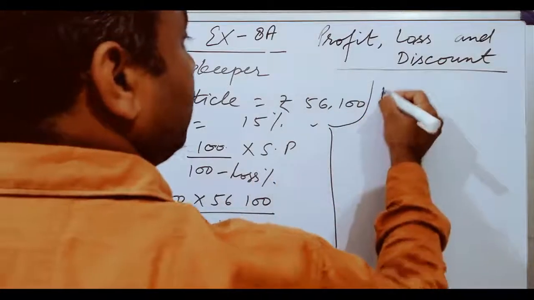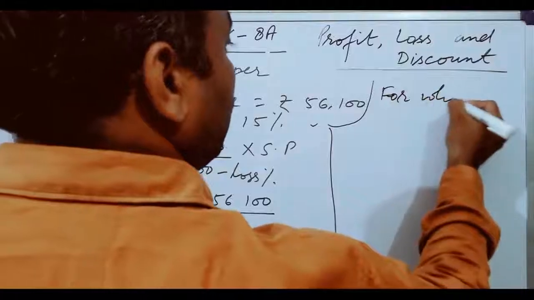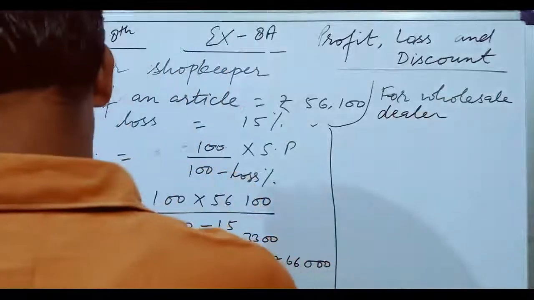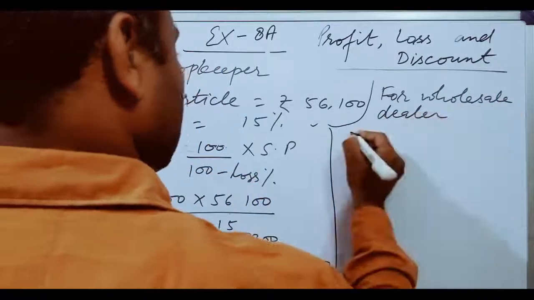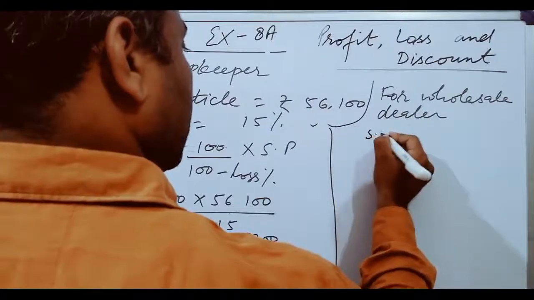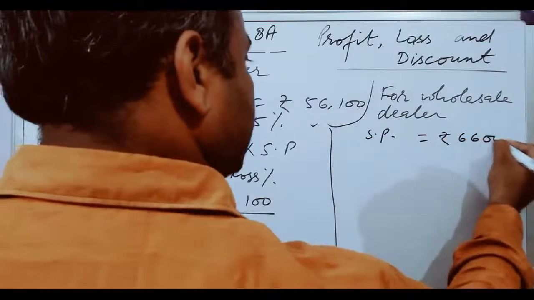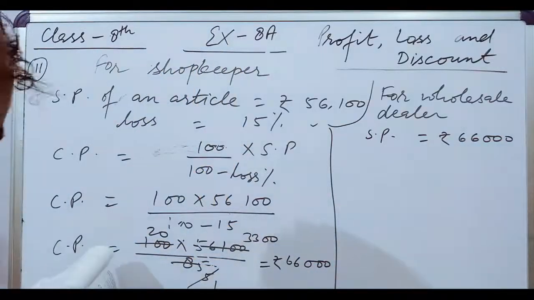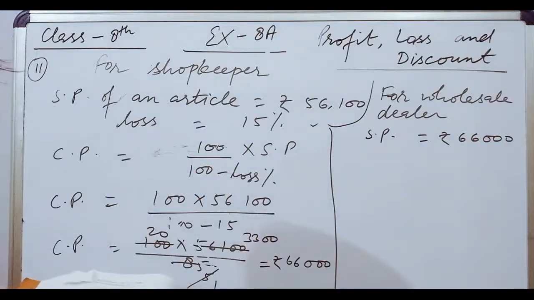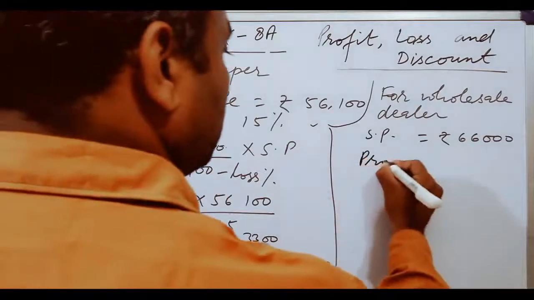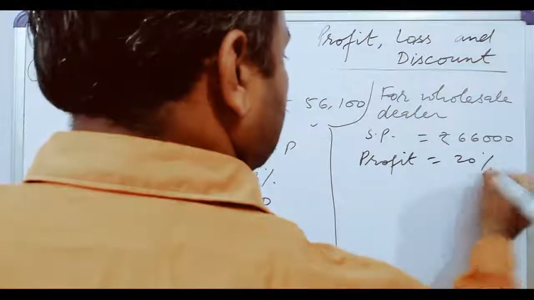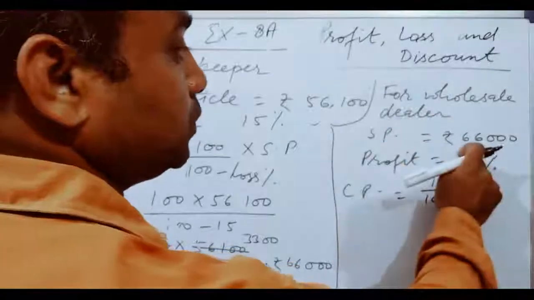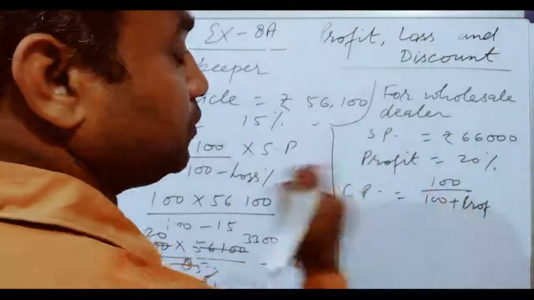wholesale dealer. For the wholesale dealer, SP equal to rupees 66,000 and the wholesale dealer sells it to the shopkeeper at 20% profit. Profit equal to 20%.